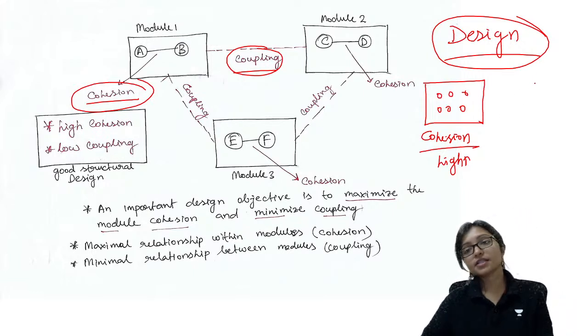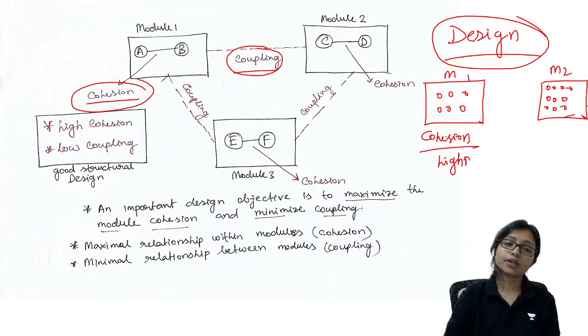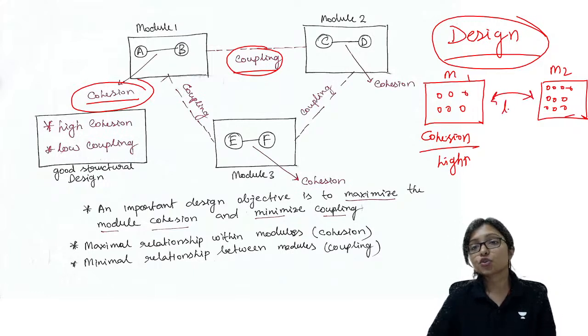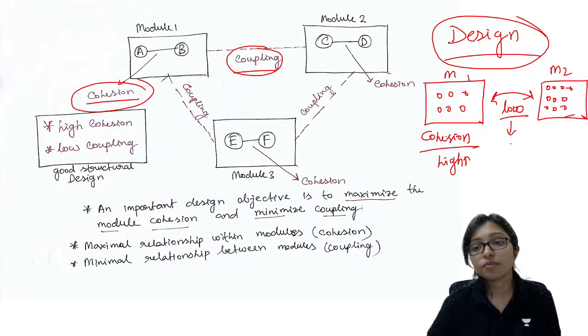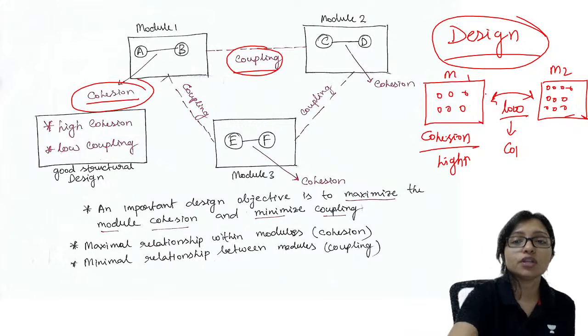And coupling means here it is module 1 and this is another module 2. Mainly we divide into modules so that another team can work separately. So the dependency between the modules should be low. Between the modules it should be low, means coupling should be low. Always coupling should be low.